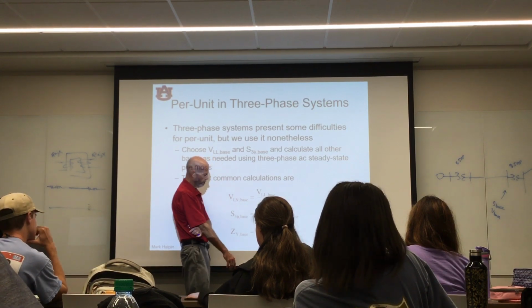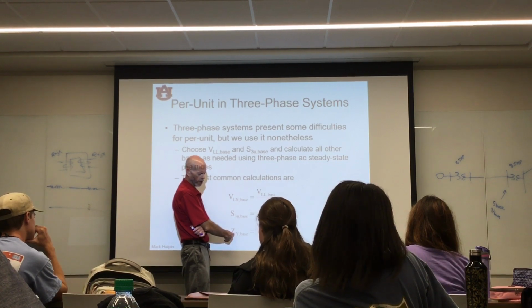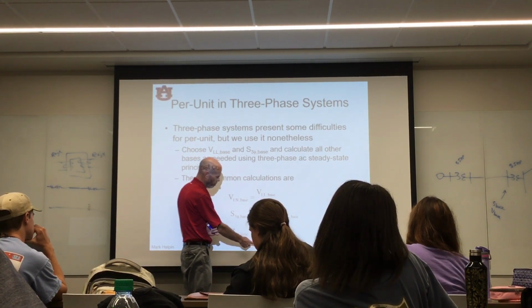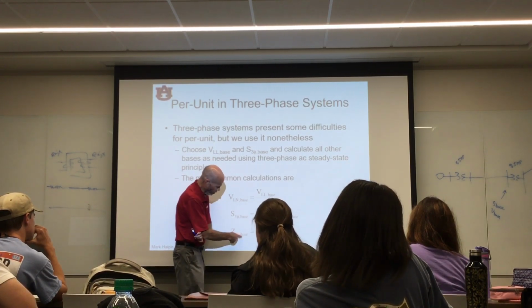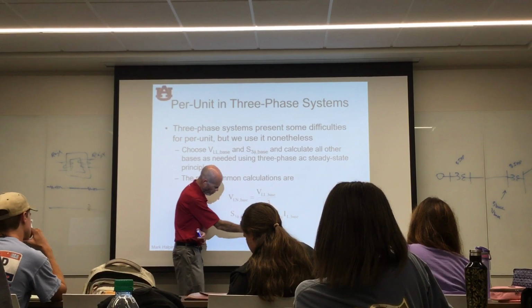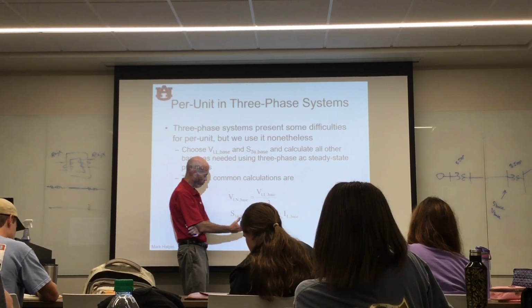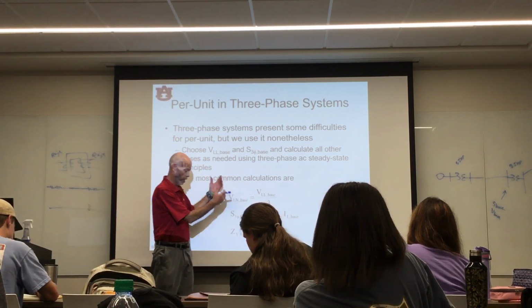Well, now what? For a Y-connected impedance, there is a relationship between a line-to-neutral current and a line-to-neutral voltage and a line current. So if I need a Y-connected impedance base, calculate it. Okay? If it would happen to be a delta-connected impedance and I needed that kind of base, calculate that.